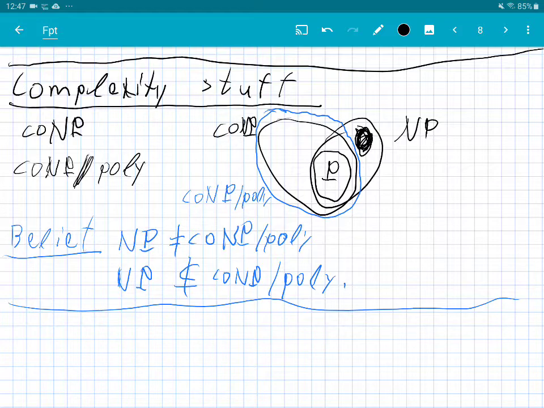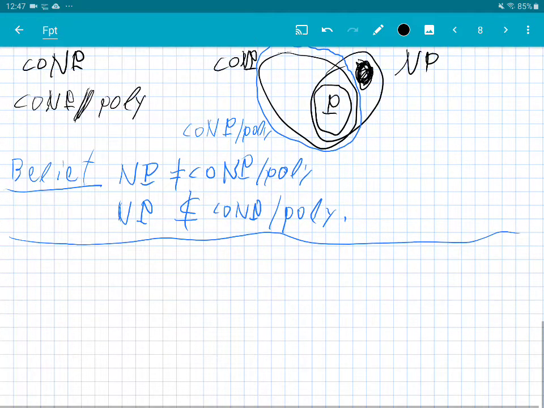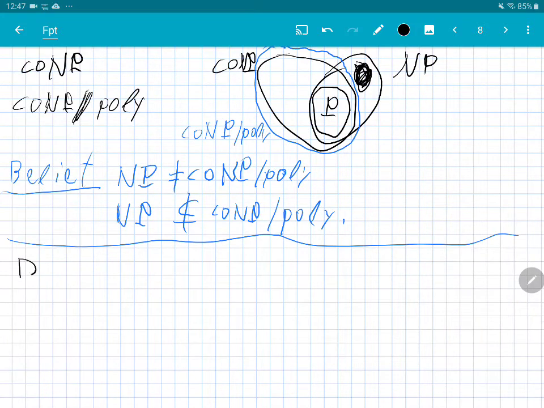For that, we need to show that if we have both properties, that would lead to NP being contained in CoNP over poly. So we need several definitions, and the rest of the lecture is going to be about complexity.